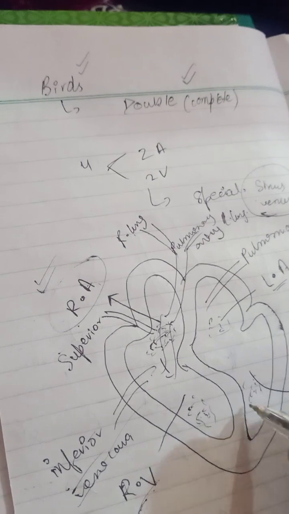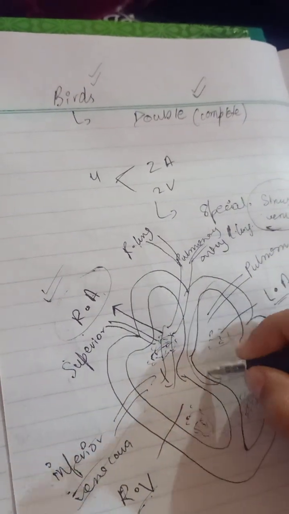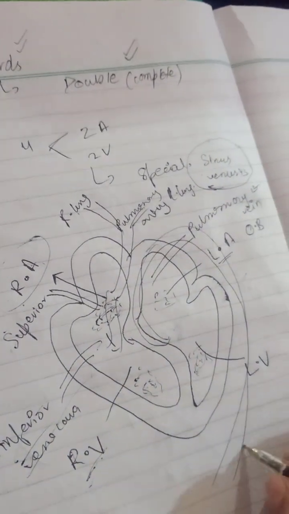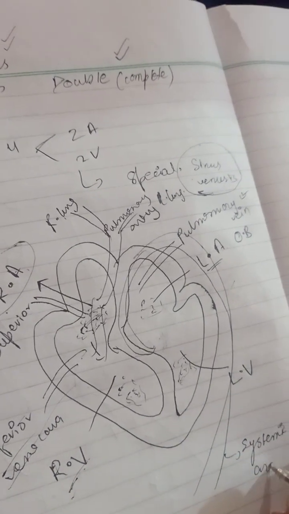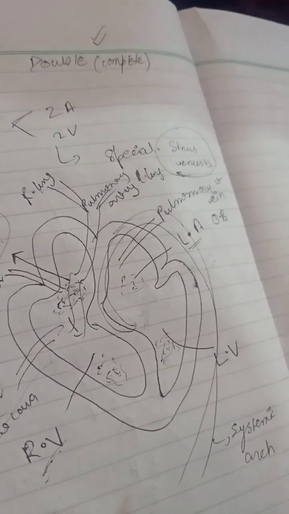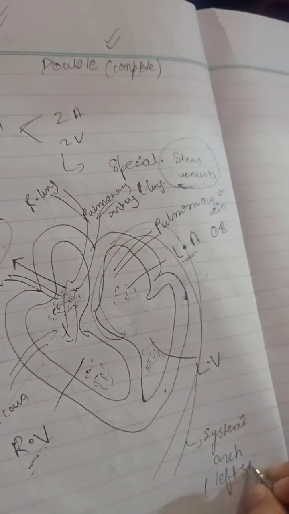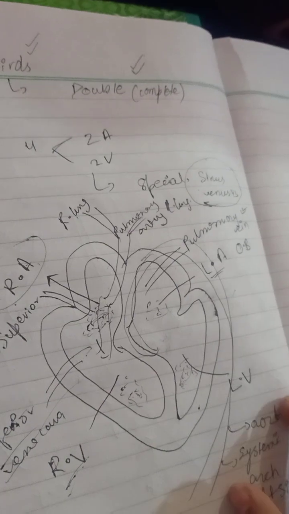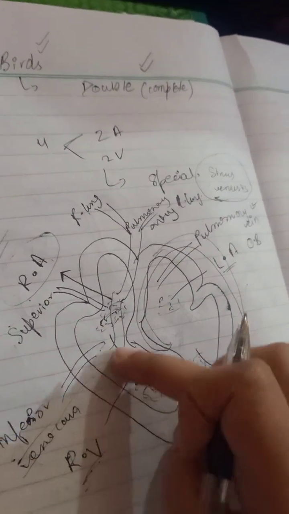For oxygenated blood we have the systemic artery or arch. In birds this is on the right side, but in mammals this is on the left side. We also call that the aorta. They carry oxygenated blood and provide it to the body, and the deoxygenated blood is provided to the lungs.